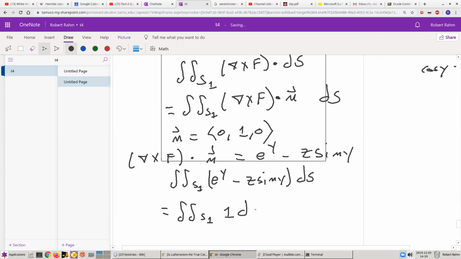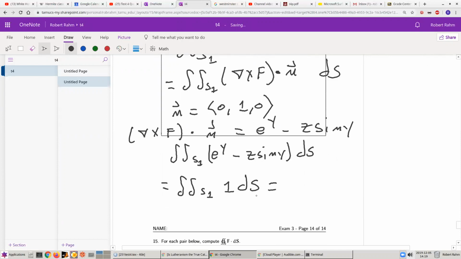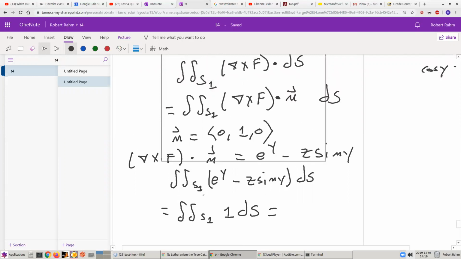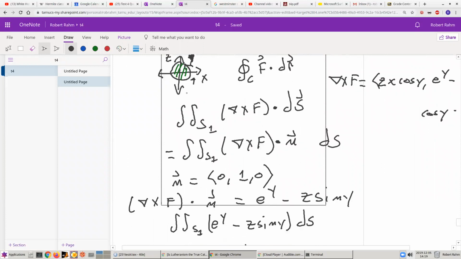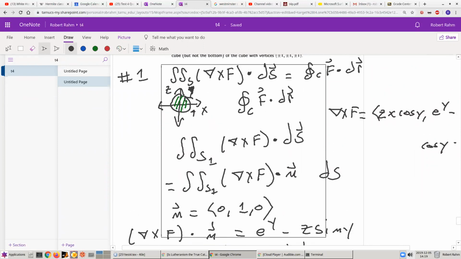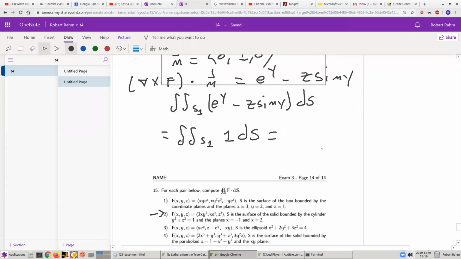So this is the surface integral of 1 dS. Remember, from when we first talked about parameterizations of surfaces, this is just the area of the surface S1. What is S1? It's a disk of radius 4 centered at the origin of the xz plane, so the area is 16 pi.